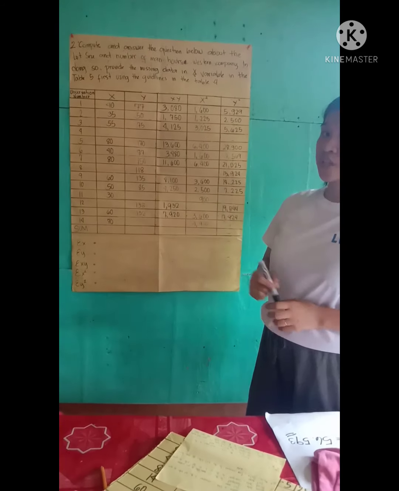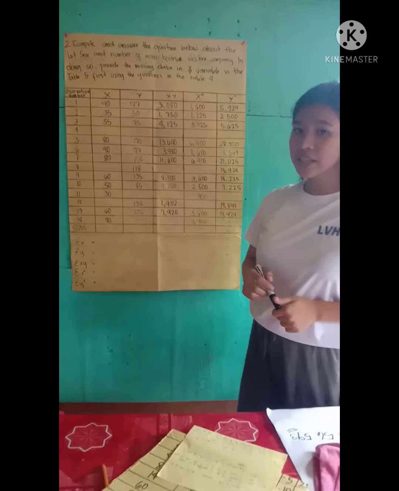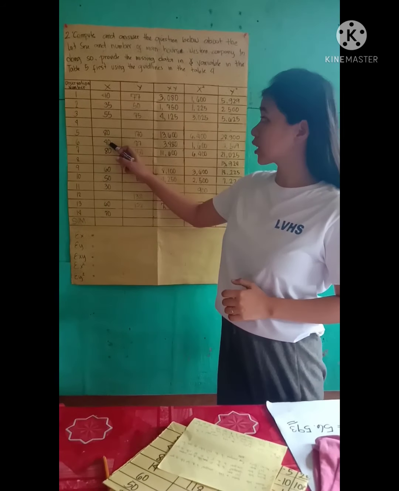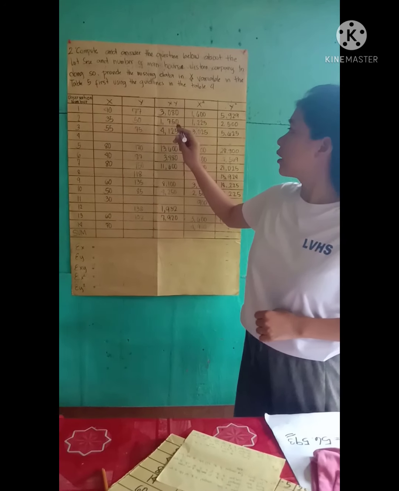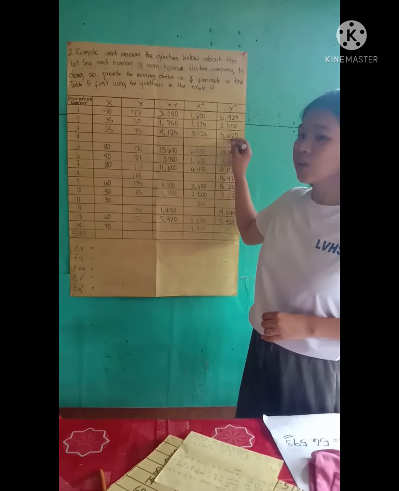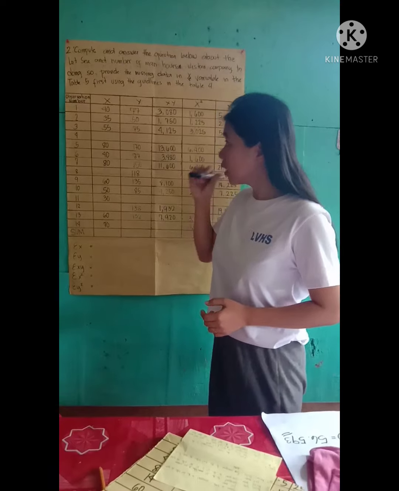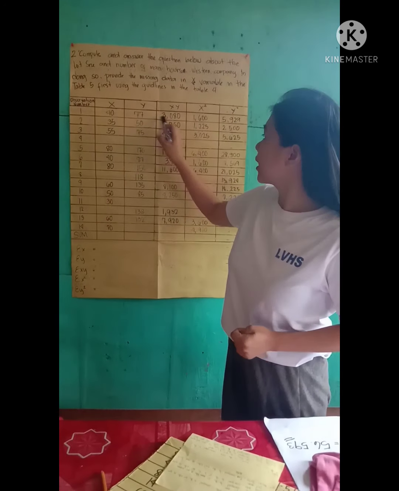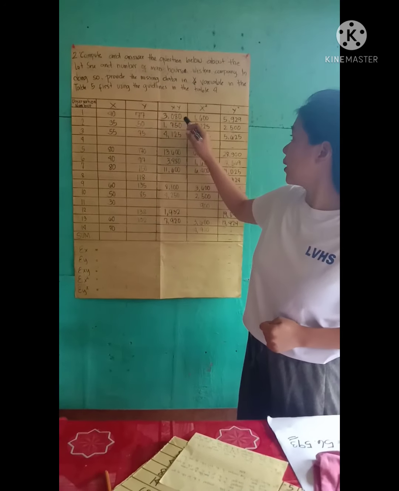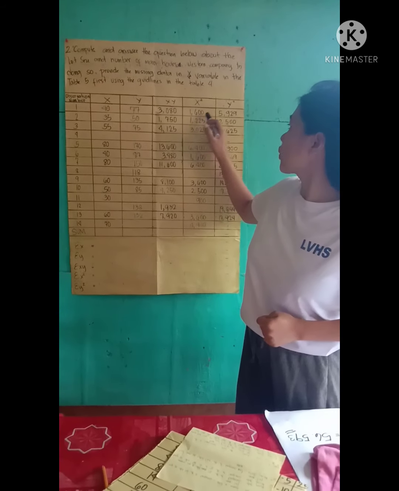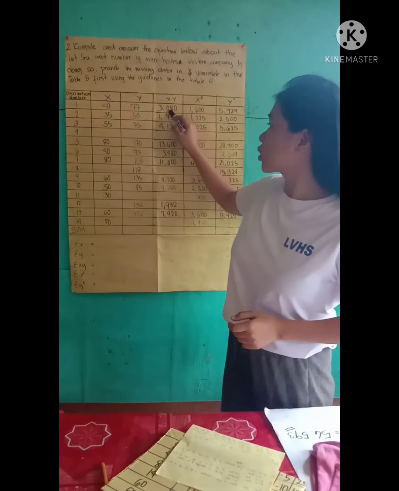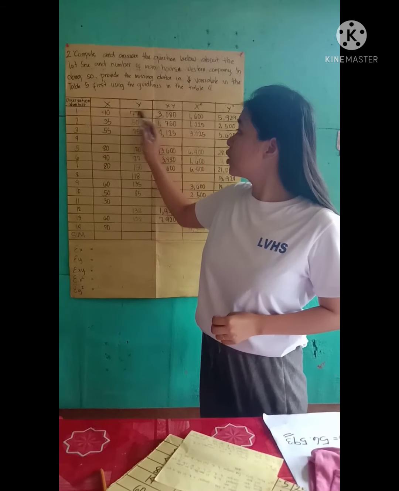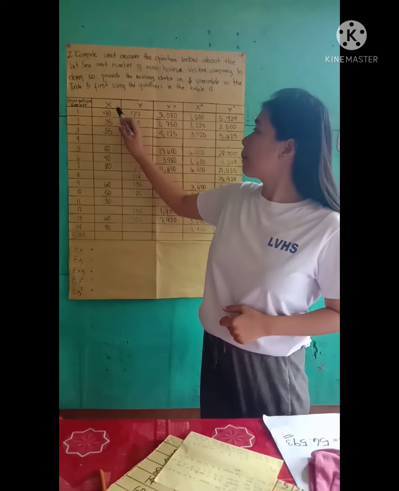Just like question number 1, we need to find the missing variables in the X column as well as in the Y column in order for us to answer the XY, X squared, and Y squared columns. So first, I want to explain how I got the XY, X squared, and Y squared numbers that I indicated here. For the XY, we need to multiply the X and the Y.